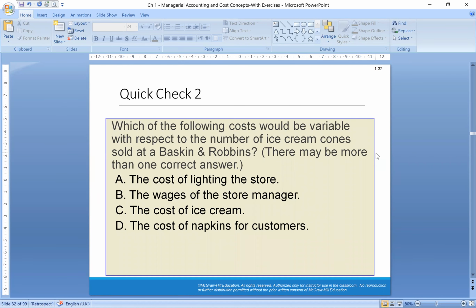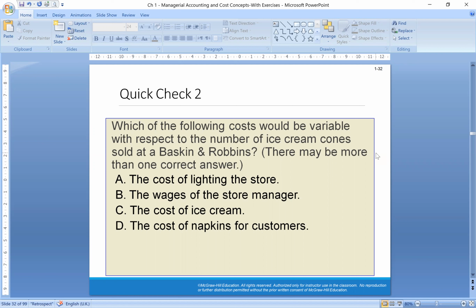Which of the following costs would be variable with respect to the number of ice cream cones sold at Baskin Robbins? Number A, the cost of lighting the store. We are doing the lighting regardless of whether we sell or not, so this will be fixed. Number B, the wages of the store manager. Definitely it is fixed because it is not depending on how many ice creams you are selling.